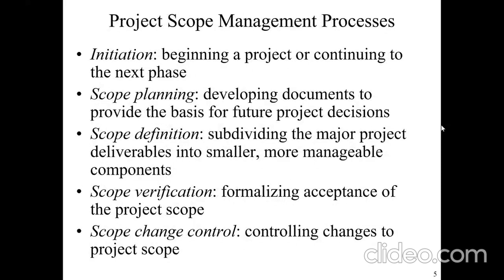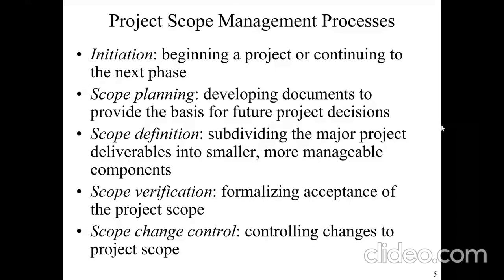Okay, so let's see the processes involved in project scope management. In a similar manner, when we did project integration management, we saw the processes involved there. I think we saw 3 processes in there. Here, there are 5 processes. One is initiation, then we plan, then we define the scope, we verify the scope, and then we control the changes as and when they come.